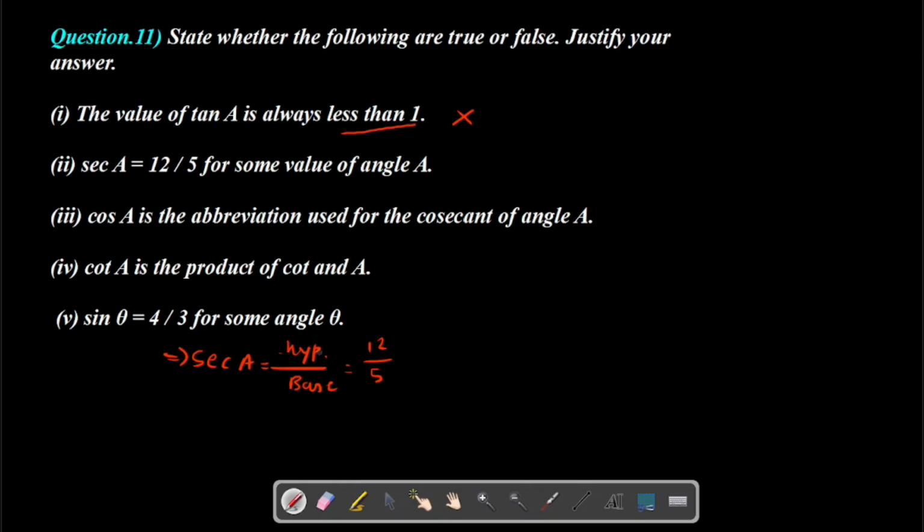Is it possible? We know that we have a Pythagorean triplet 5, 12 and 13, but for this the hypotenuse is 13, while here the hypotenuse is 12, which is smaller than the other side. So it is not possible.